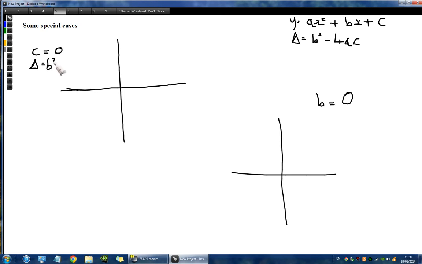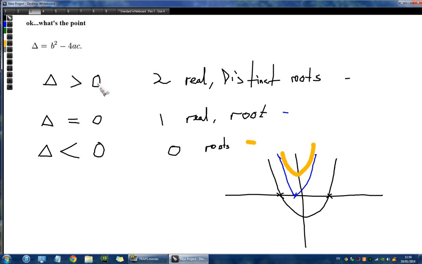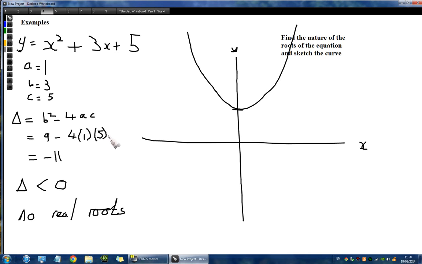Any number squared is a positive number. But if b is non-zero, then b squared is always going to be positive. And what that means is our discriminant is always going to be positive, which, if we double check, a positive discriminant means 2 real distinct roots.